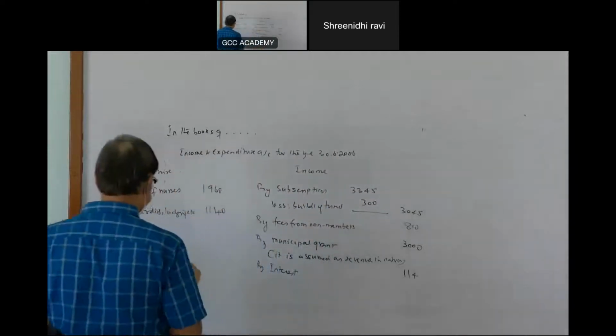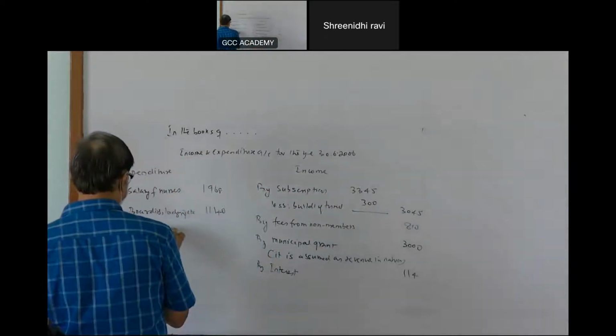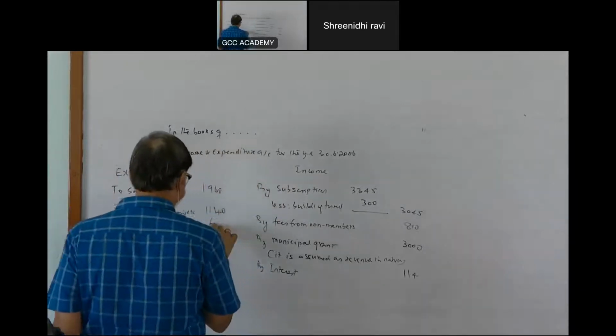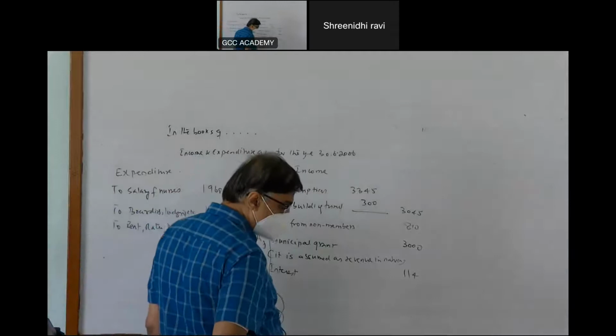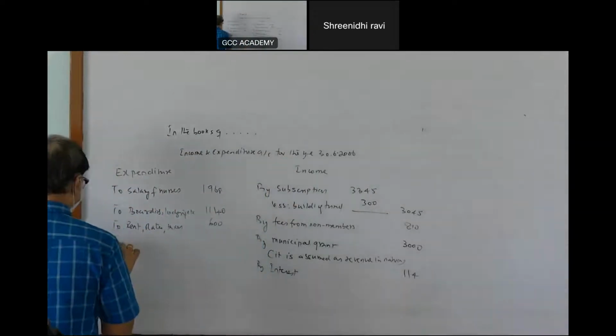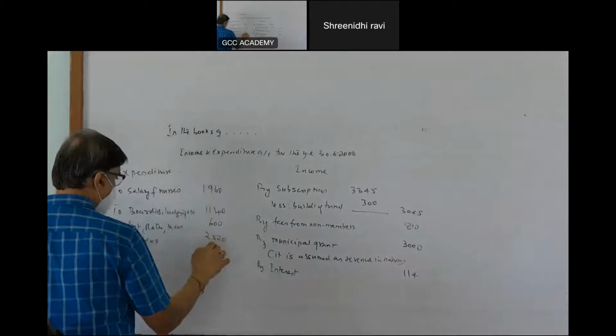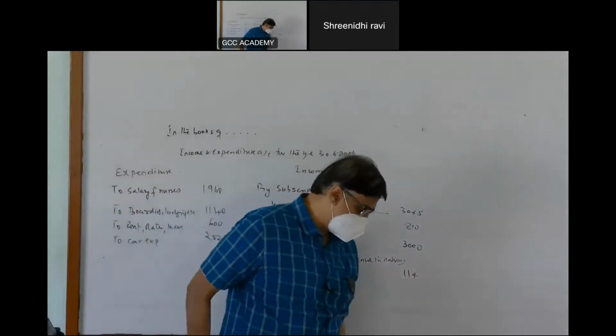Rent rates and taxes, how much? 300, 600. To car expenses 2520. Will car purchase come here? It won't.